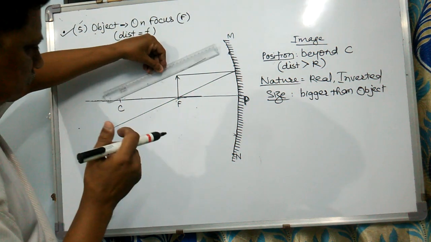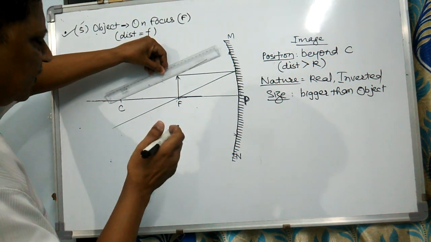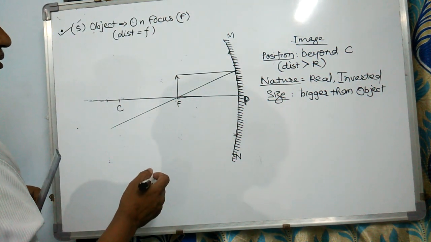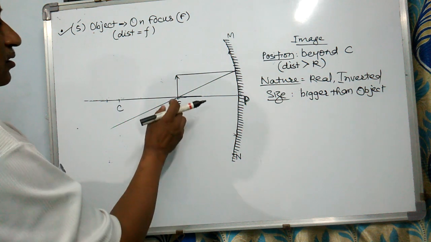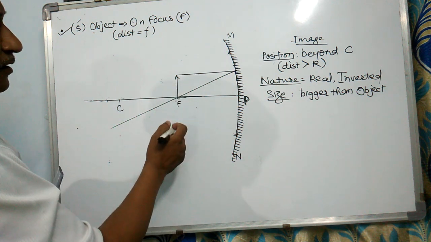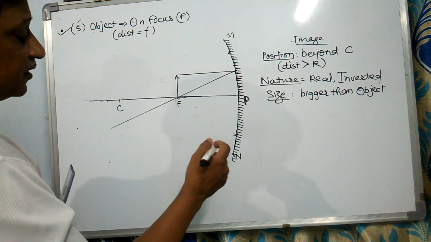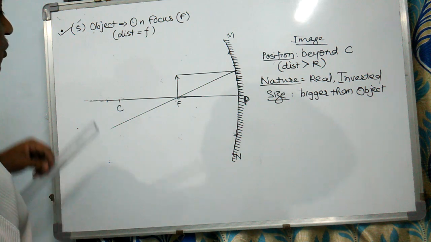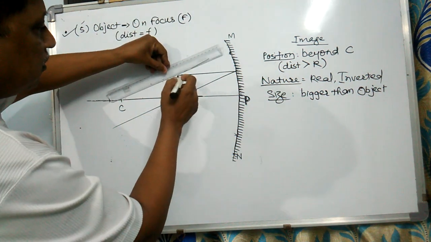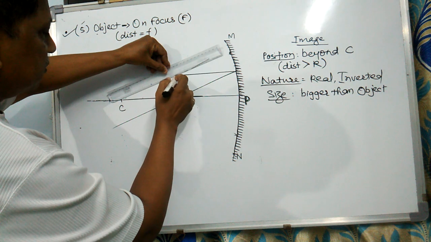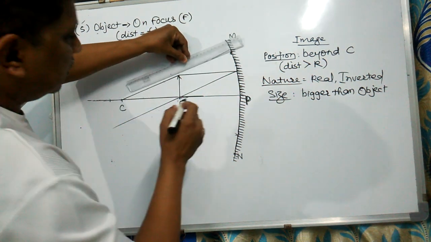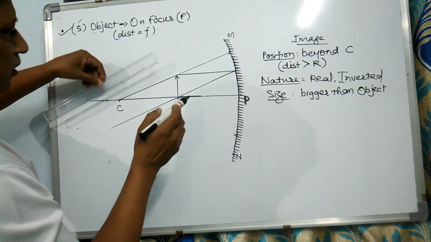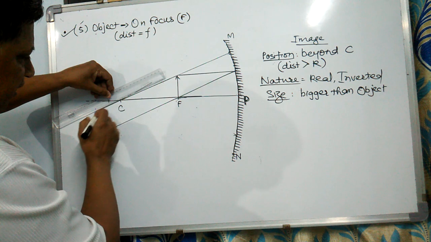Now here the second rule does not apply, because the second rule is from F, and after reflection it goes parallel to the principal axis, but here the object is on F. So we use the third rule: when a ray passes through the center of curvature and is incident on the mirror, it rebounds back.